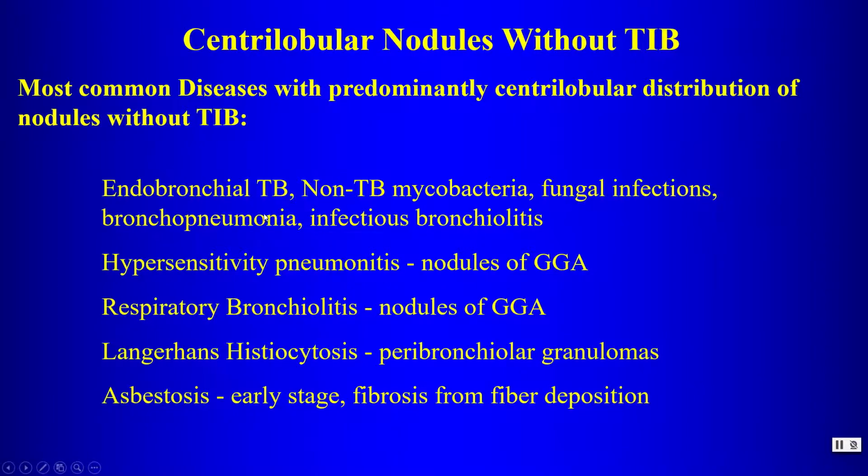Well, infection, you might have infection without tree-in-bud, and we've listed the infections here. If it's ground glass opacity centrilobular nodules, it might be hypersensitivity pneumonitis. If the patient is a smoker, it might be respiratory bronchiolitis. Langerhans cell histiocytosis can also give you centrilobular nodules without tree-in-bud, and early stages of asbestosis might also do that.